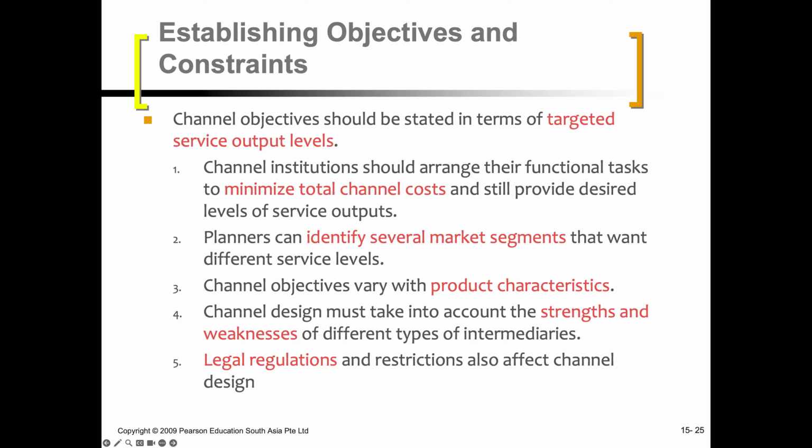Planners can identify several market segments that want different service levels. Channel objectives vary with product characteristics. Channel design must take into account the strengths and weaknesses of different types of intermediaries. The legal regulations and restrictions also affect the channel design.